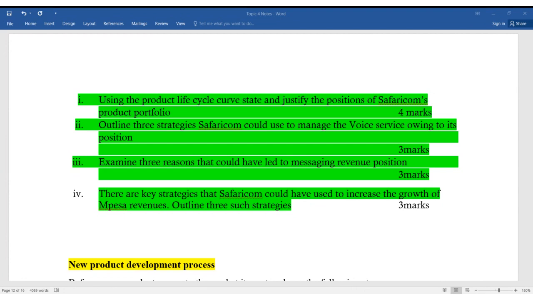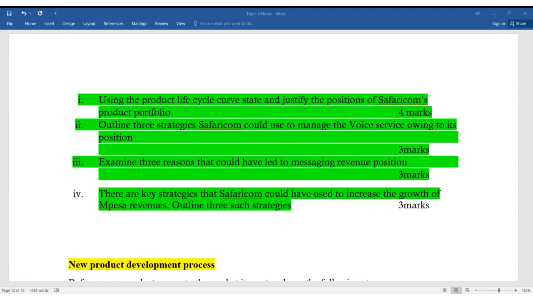What is the messaging revenue position? It is in decline. So what are the reasons that could have led to decline? I think Jensera said a few things about it. We have also mentioned. So you need to state that. Then there are key strategies that Safaricom could have used to increase the growth of M-Pesa revenue.